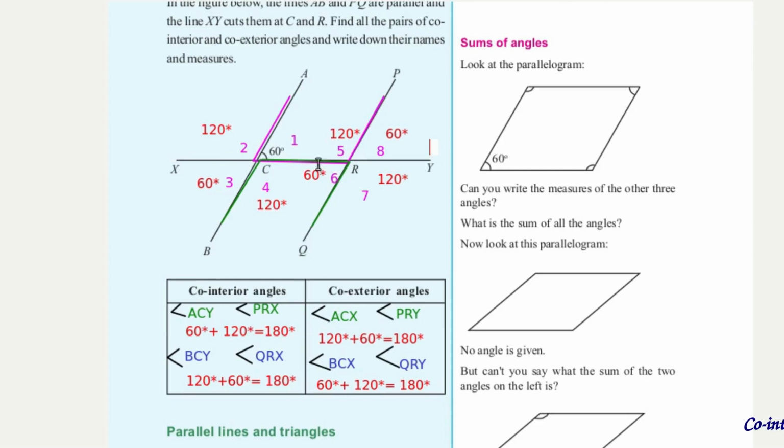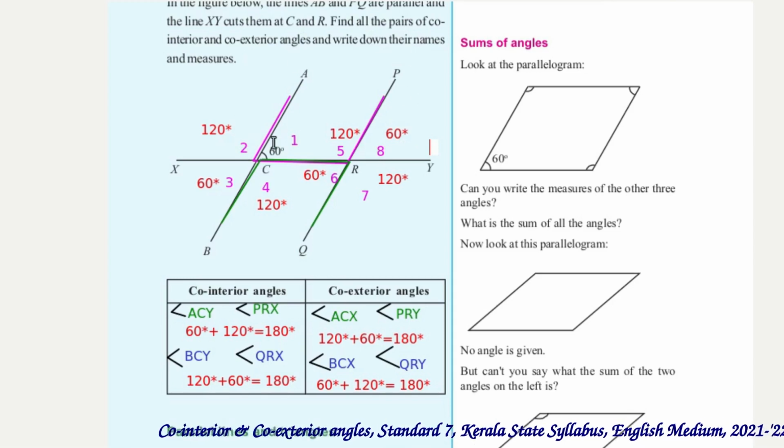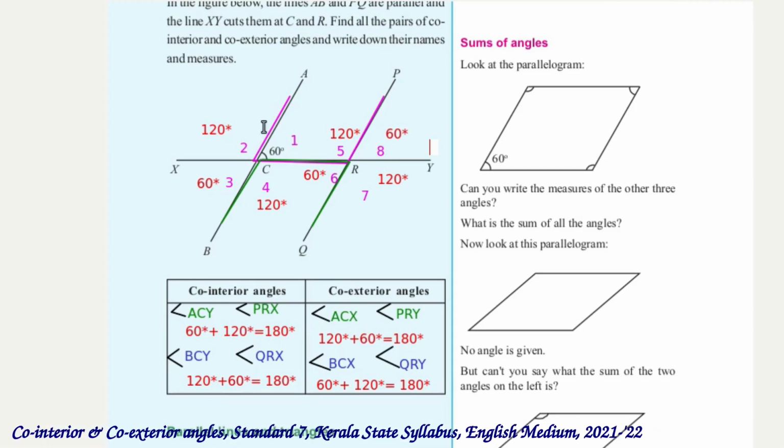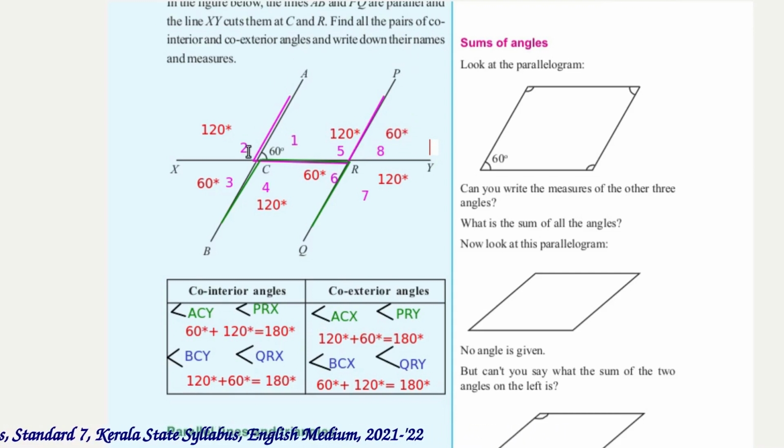Now once again, above XY, this angle number 2, that is angle ACX and angle PRY, these two angles are not inside but outside. So these two angles are called exterior angles, co-exterior angles.